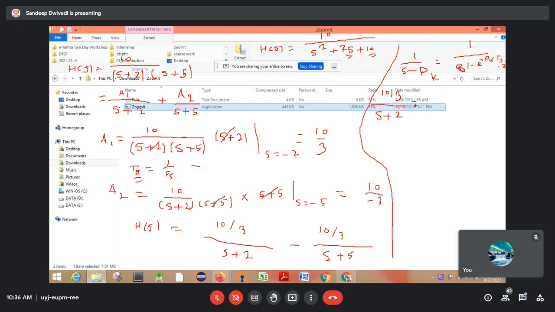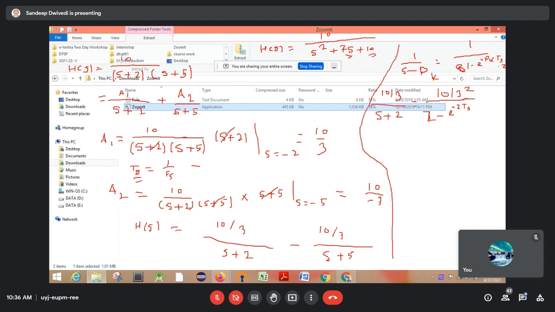So you can write this as 1 upon 1 minus e raised to power minus 2 Ts, and z inverse. The z inverse you can take over here also, so this will be z, and 10 by 3 is as it is, so 10 by 3 z.